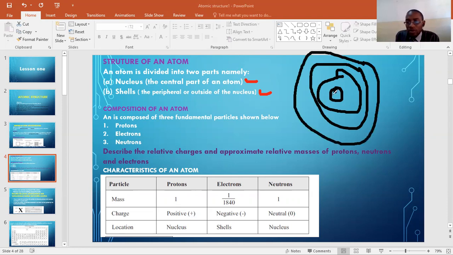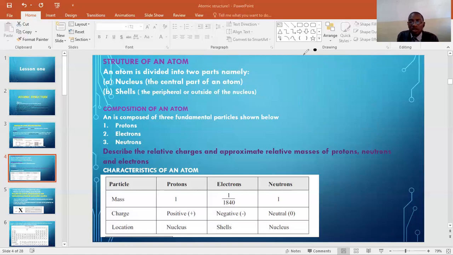So what we have at the center, let me just color it, is called the nucleus, here, and then surrounding the nucleus, we have what we call shells. So basically, that is the structure of an atom.